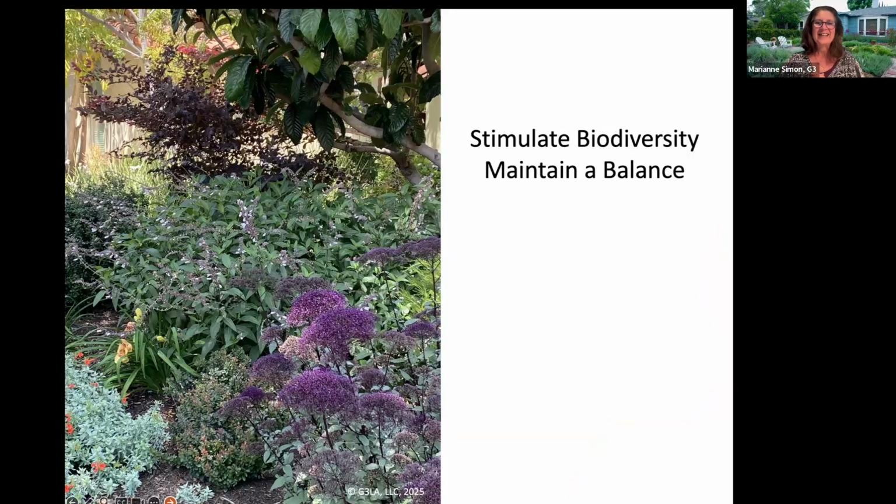Diversity. So the idea here is that there are lots and lots of different kinds of plants, and it's not just above ground, like it's easy to go, oh, this attracts bees, and it attracts ladybugs, and it attracts hummingbirds and what have you. But it's also the diversity that happens below the ground.